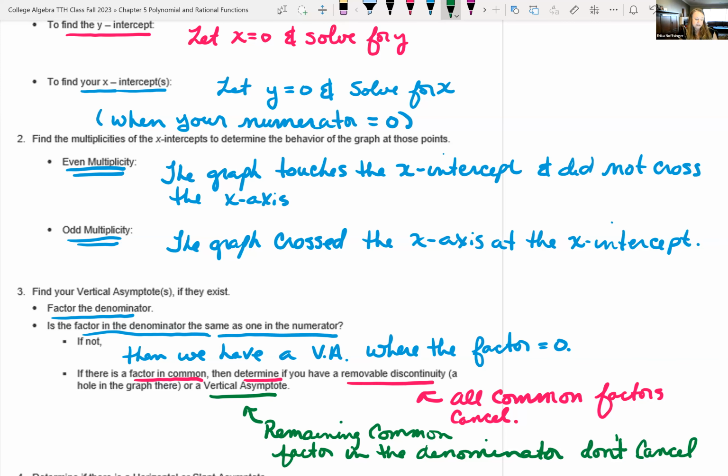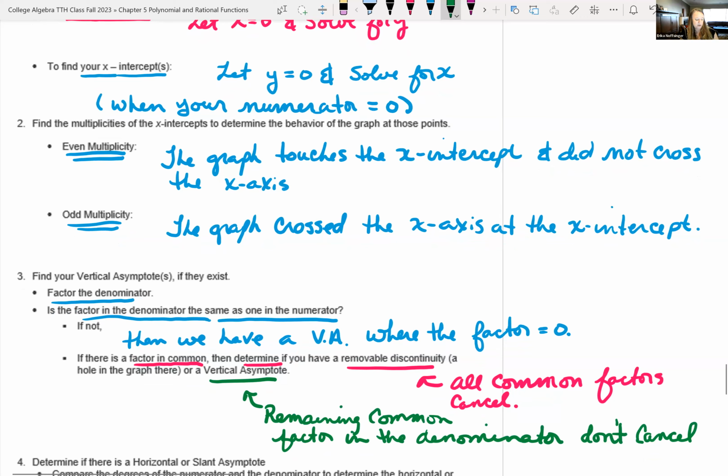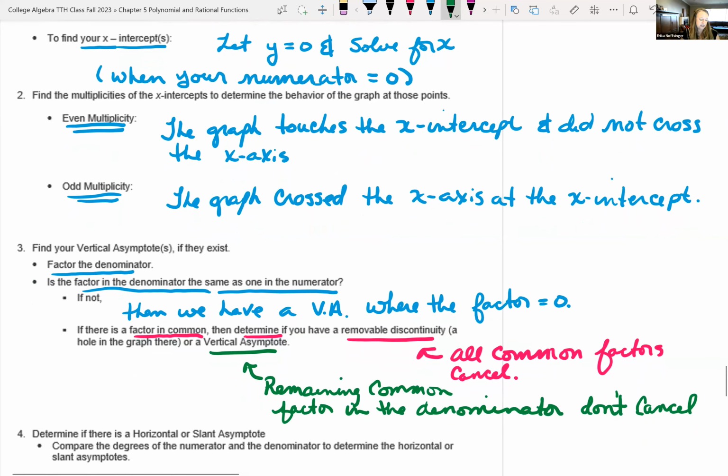So we found a vertical asymptote. We determined if there were any removable discontinuities.